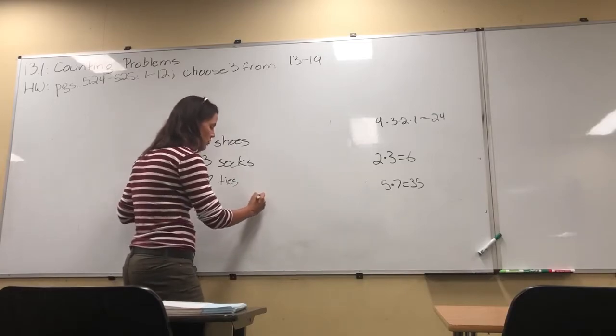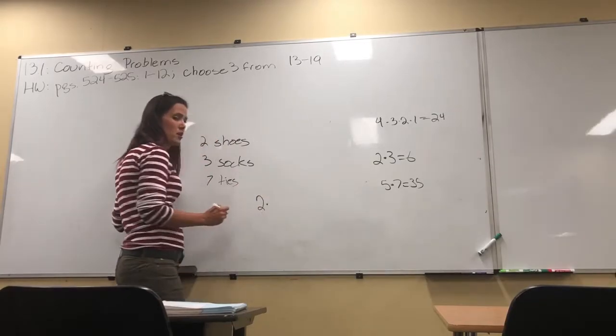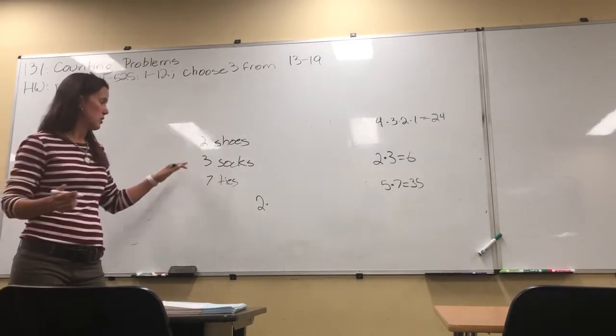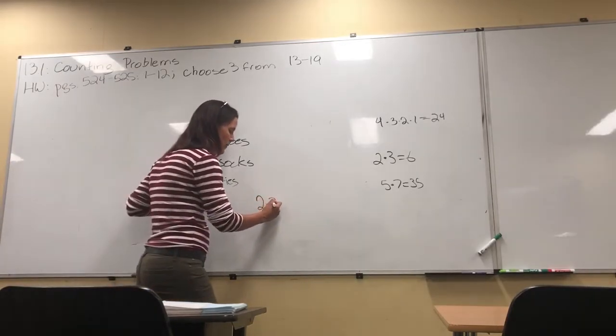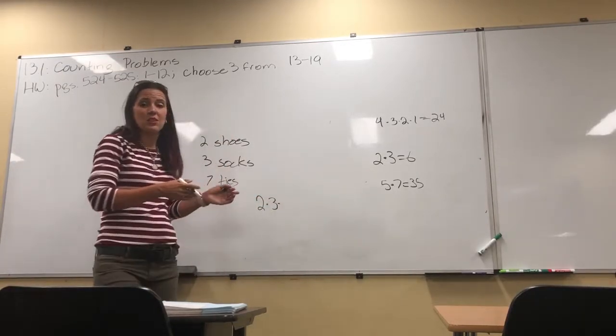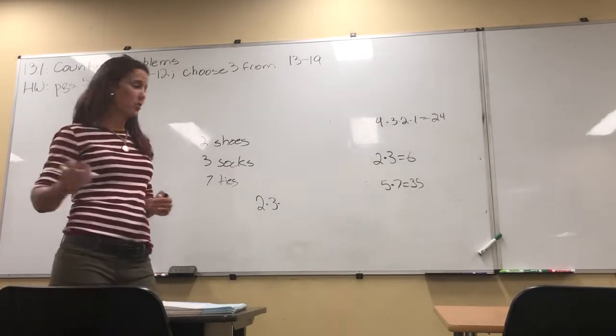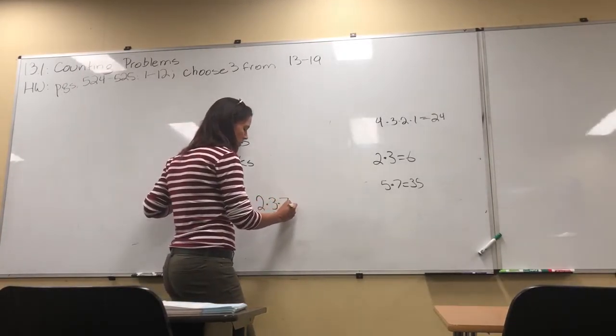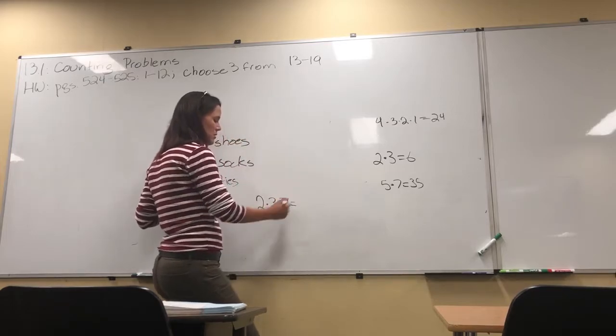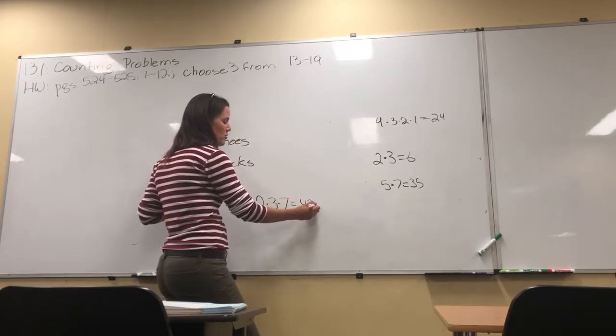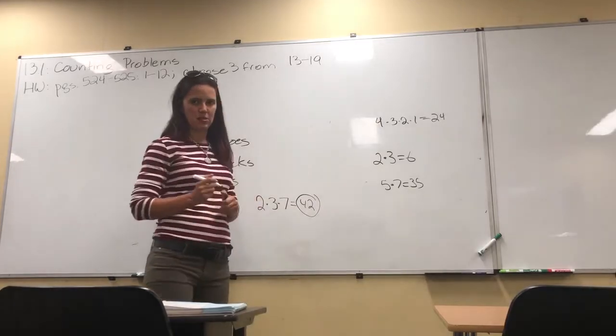Well, we have 2 choices for the shoes. How many options for the second thing, which in this case is socks? 3. Because when you're using a shoe, that doesn't eliminate any of the socks. How many choices for your third thing, which is your ties? 7. So 2 times 3 is 6 times 7 is 42. That's how many possible combinations he has, okay?